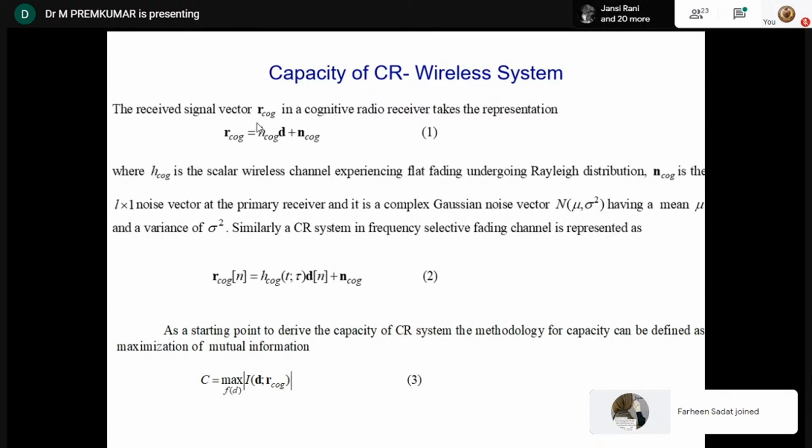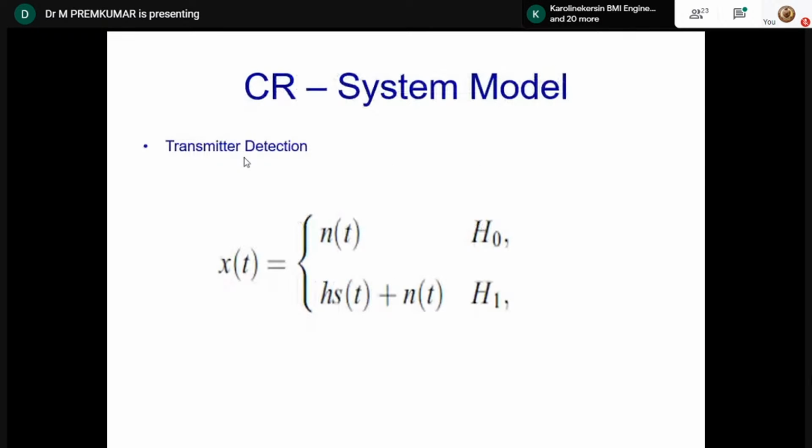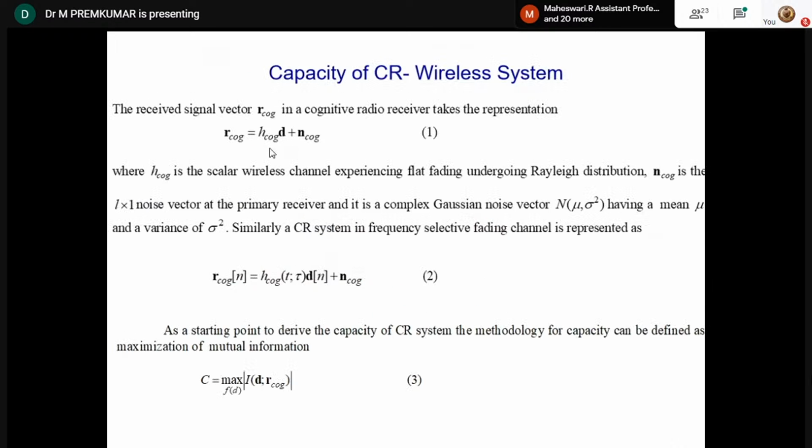Prior to this, in cognitive radio you have to do spectrum sensing, whether the channel is vacant or not. If the channel is vacant, then you transmit the signal. This received signal model is considered after spectrum sensing.